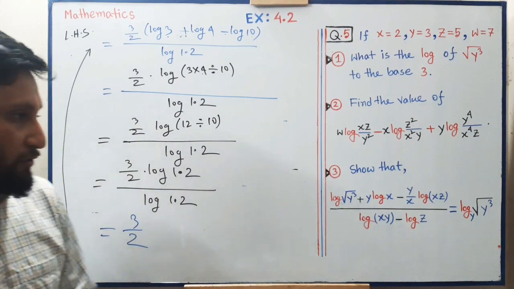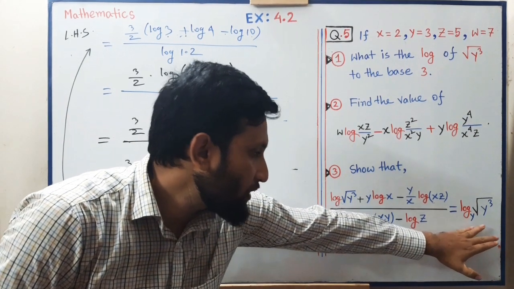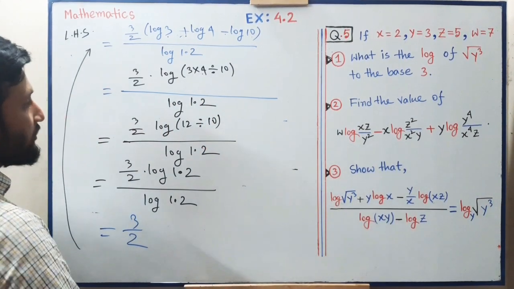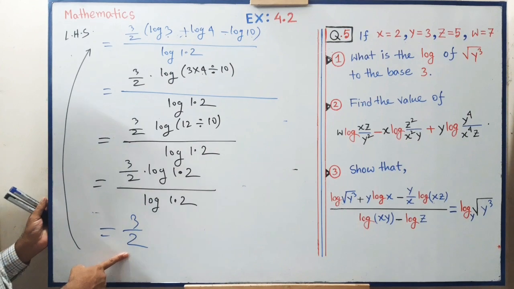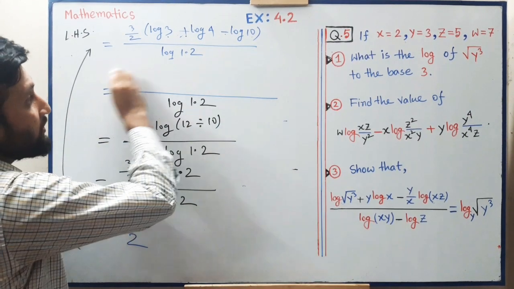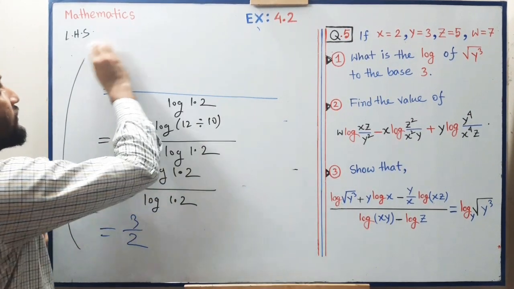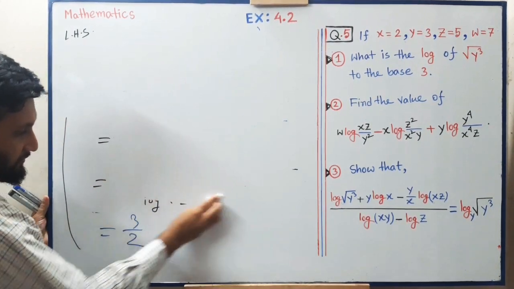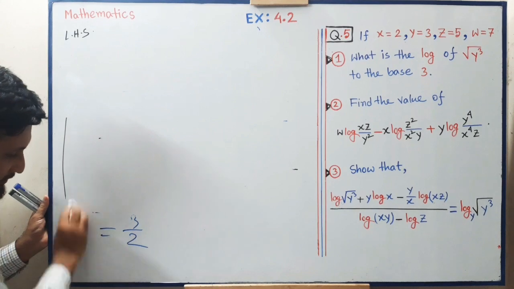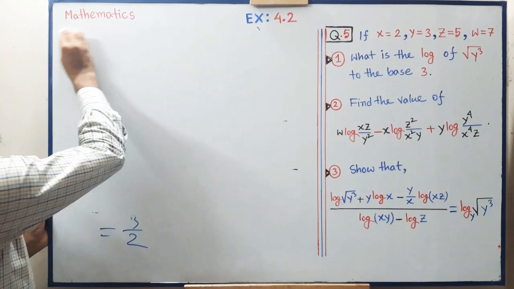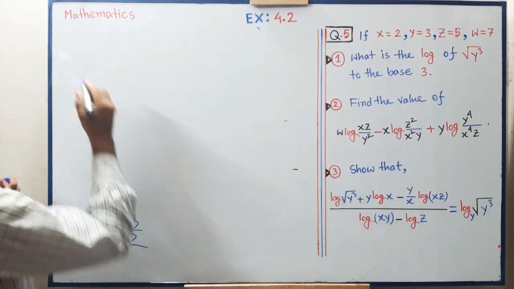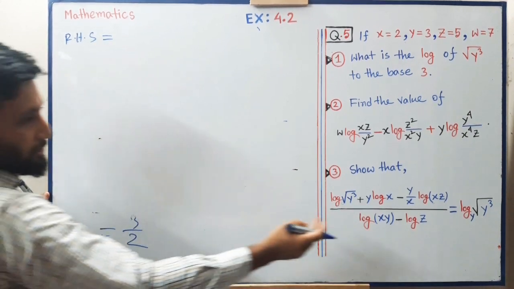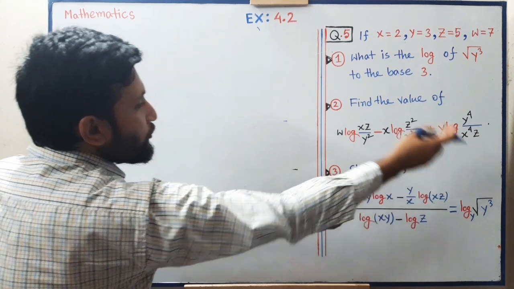Now we have to calculate the value of the right hand side. The value of the left hand side is 3/2. Now the right hand side expression is log base y of root y cube.